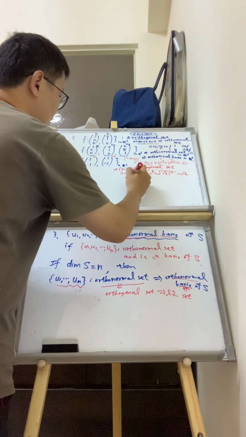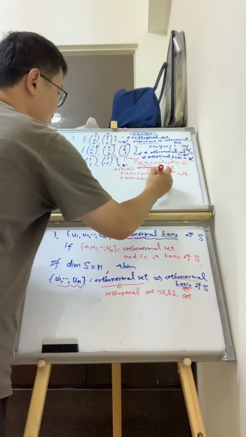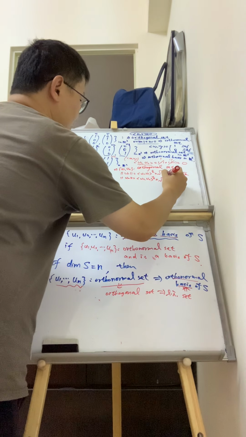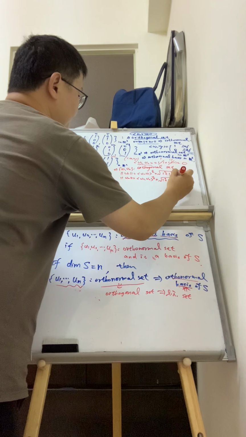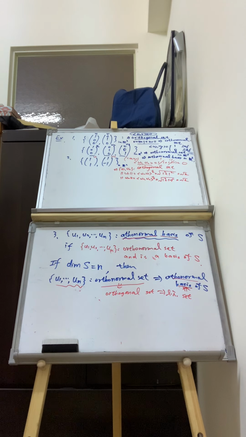And the length of u2 is again the square root of 1 squared plus negative 1 squared, which is still the square root of 2.